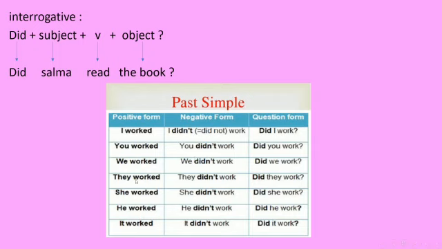They worked. This is in the positive form or affirmative. Negative في حالة النفي: they didn't work. Question form: did they work? And here إذا بتلاحظوا يعني work بيرجع لحالته الأصلية infinitive، ما بنضيف له ed في حالة النفي والسؤال.